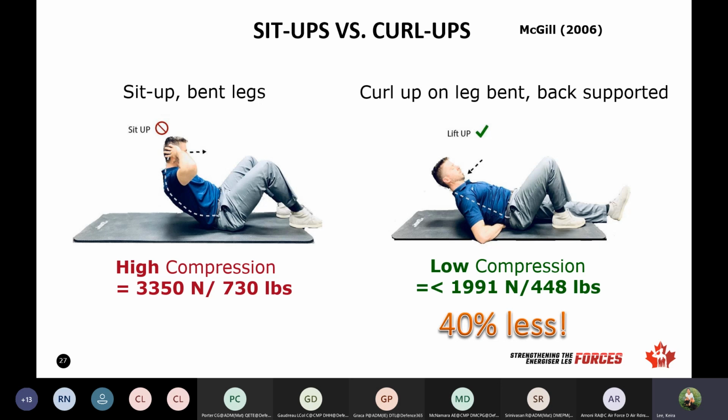This is going to generate less compression force, and you're still going to be challenging your core. If you're currently doing exercises that require a lot of repetitive trunk flexion motions or very extended positions, especially with the loss of that low back curve, I encourage you to contact fitness to find alternate exercises.